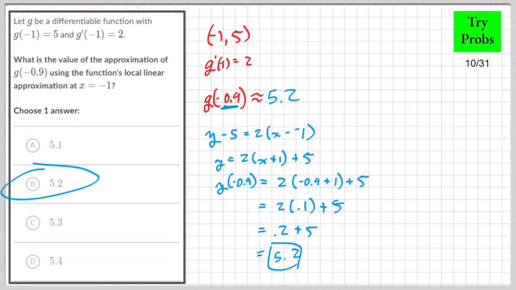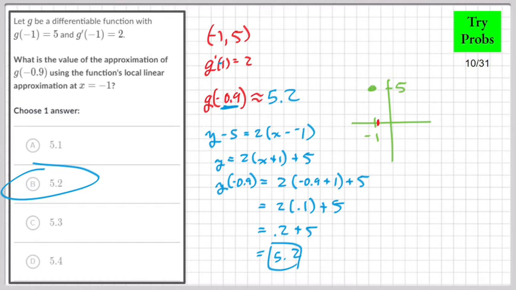Okay, so let me show you guys really quick. I really want to give you guys a conceptual understanding here. If we have a point at (-1, 5), that's right here. And then we want to estimate what the y value is at -0.9. That's right here.